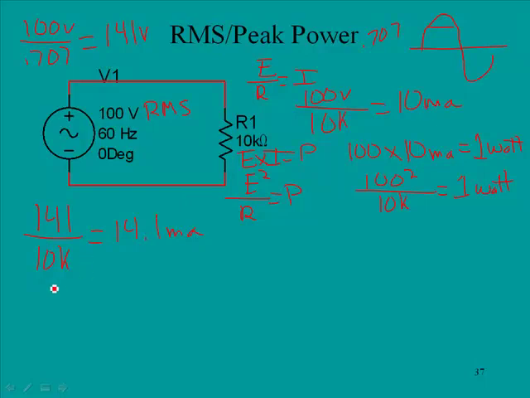And if we were to calculate power now, 141 times 14.1 milliamps, it'd be about 1.98 watts. And so when you consider peak power, it is going to yield a much higher, almost twice as much than the equivalent RMS.